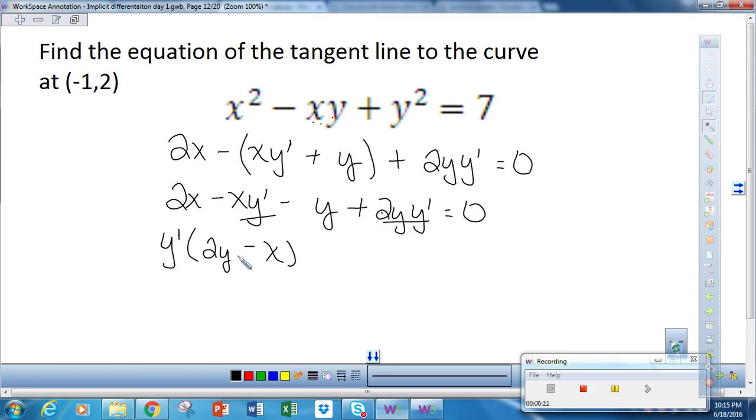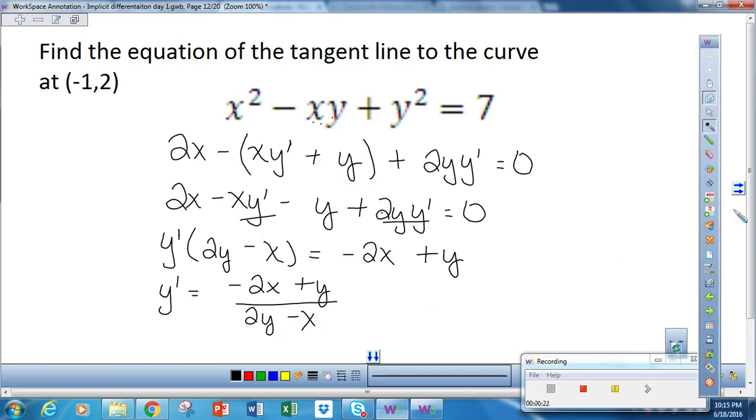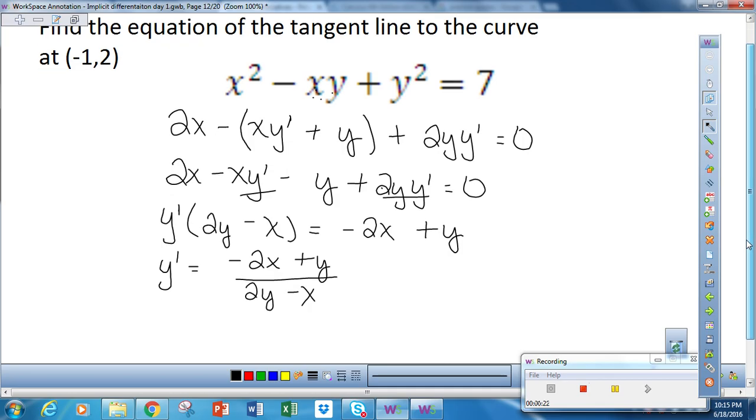So I factored out a 2y minus x, and that's going to equal, I'm moving the 2x over, and I'm moving the y over. So then y prime is equal to negative 2x plus y over 2y minus x.